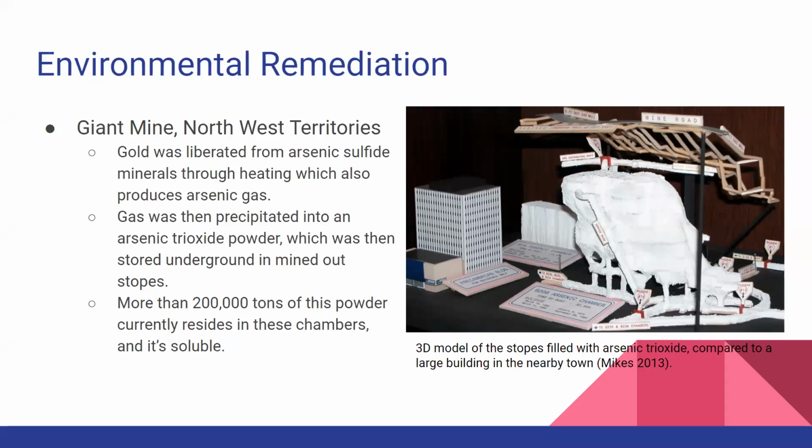When this mine closed down, there was more than 200,000 tons of arsenic trioxide powder left stored in this chamber pictured on the right-hand side. You can see how it looks. It obviously can't be removed because it's like the size of flour particles.